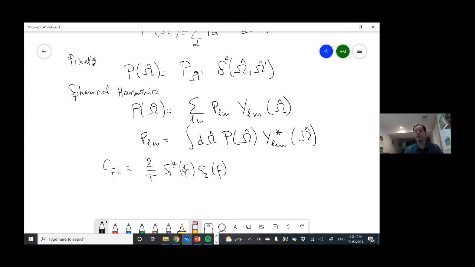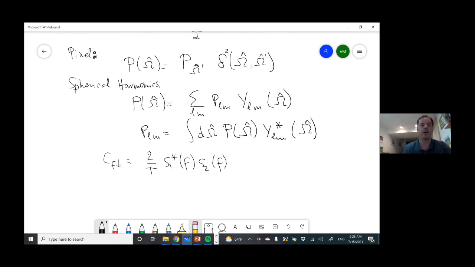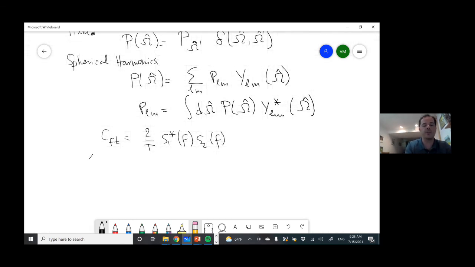So the Fourier transform will really be a Fourier series, and these f's will have a series of discrete values. So C_ft in practice is a discrete quantity, and it has 2 discrete indices f and t for the frequency and time. So instead of using Y, we're using C_ft, and our goal then will be to calculate the expectation value of C_ft.